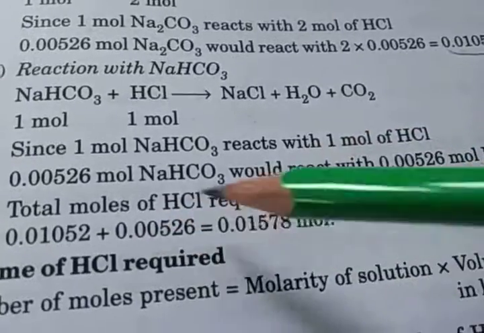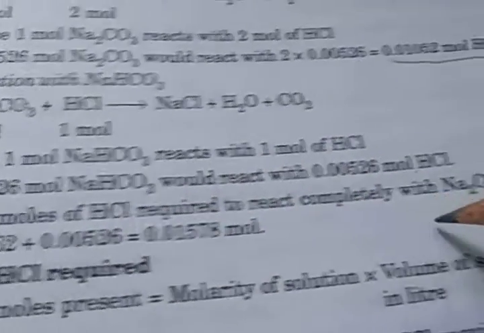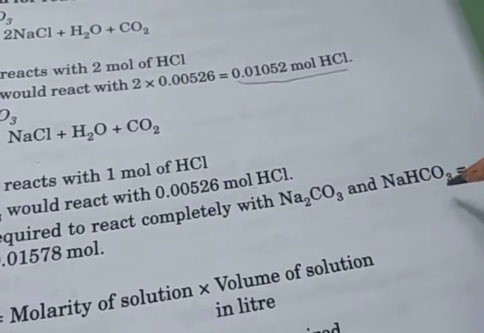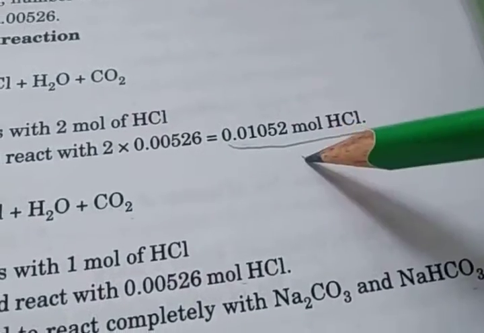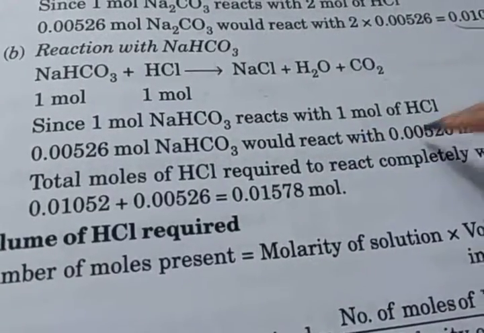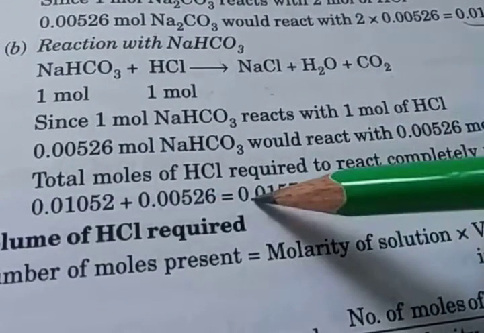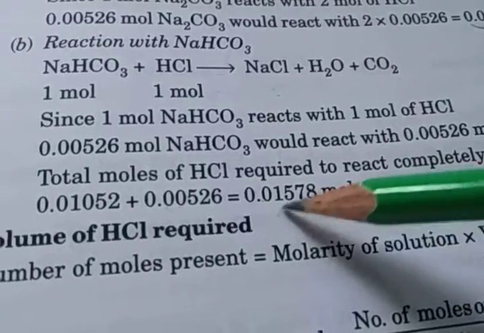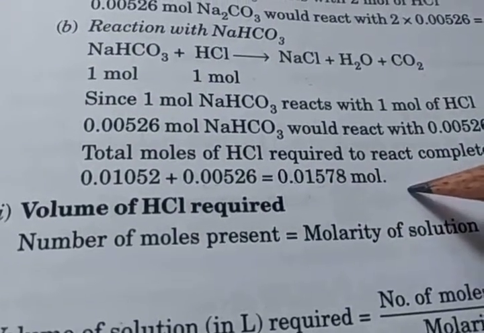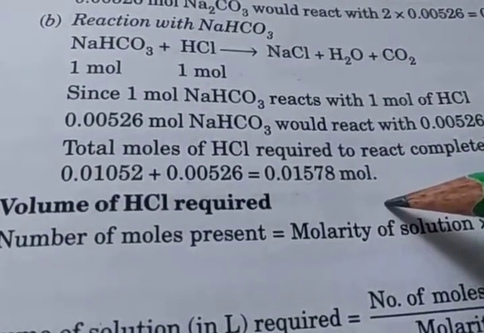The total moles of HCl required to react completely with Na2CO3 and NaHCO3 is 0.01052 plus 0.00526, which is 0.01578 mole. This is the amount of HCl required.